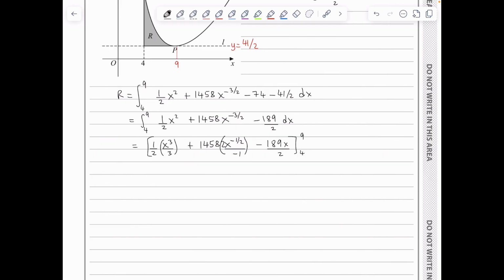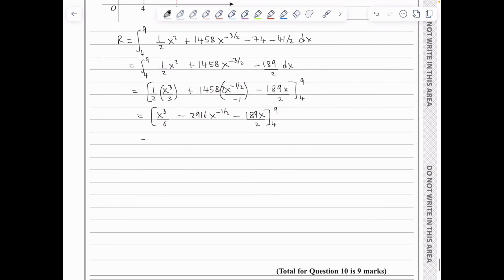I will simplify this. This is x cubed over 6 minus 2916x to the minus a half minus 189x over 2 with the limits of 4 and 9. So I will substitute the upper limit and the lower limit and deduct.